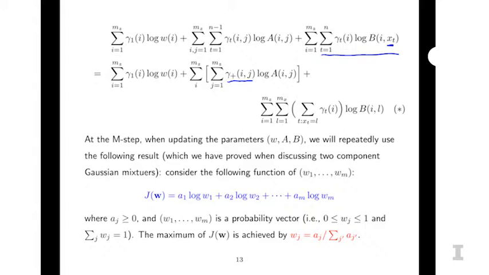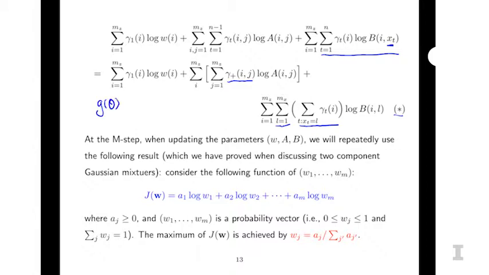We first sum over l from 1 to m_x, which are the different values of x_t. And then we sum over all the time points where x_t is equal to l. And then we can add a parenthesis because this summation is over t and has nothing to do with other terms. So now this three-term summation is the g function in the EM algorithm.